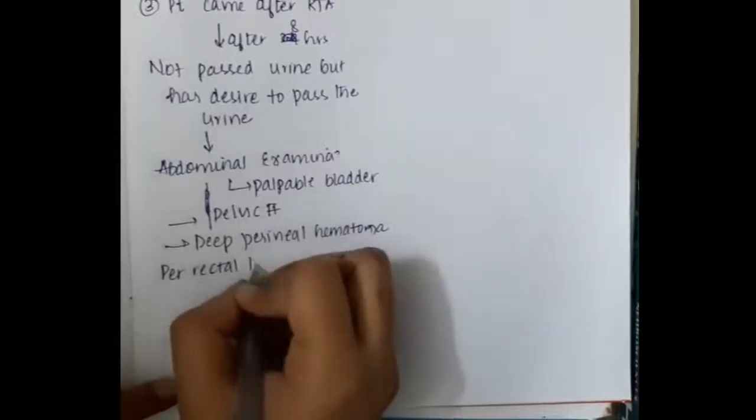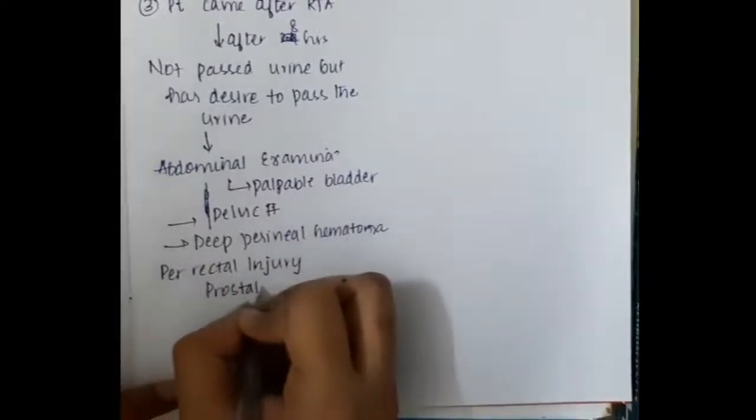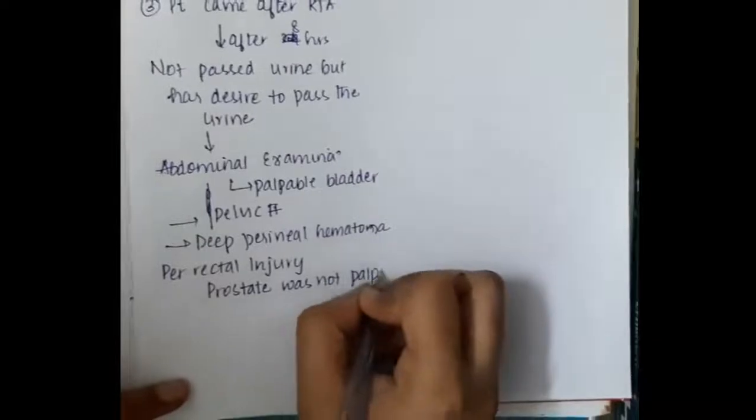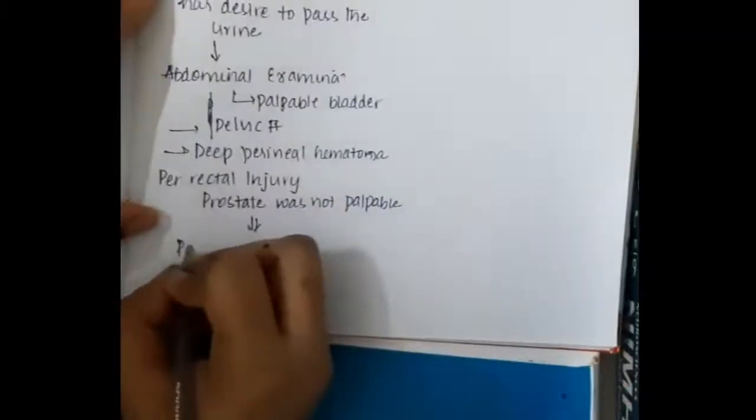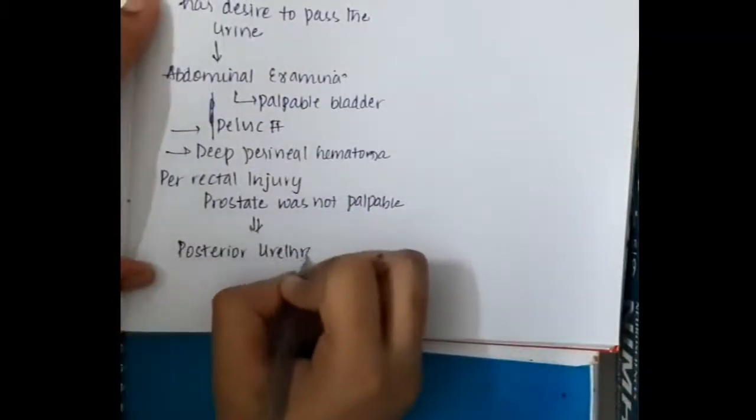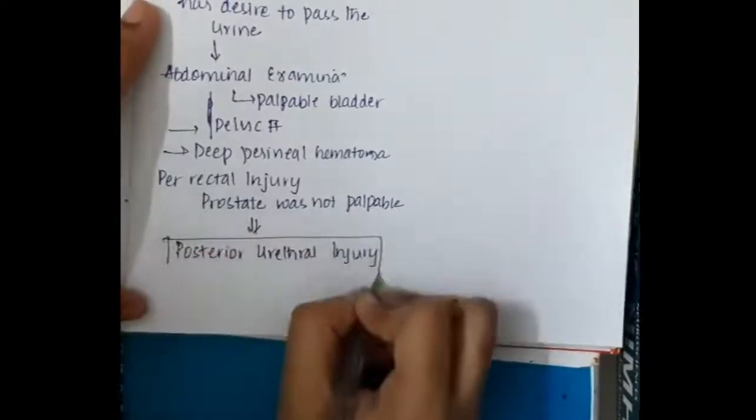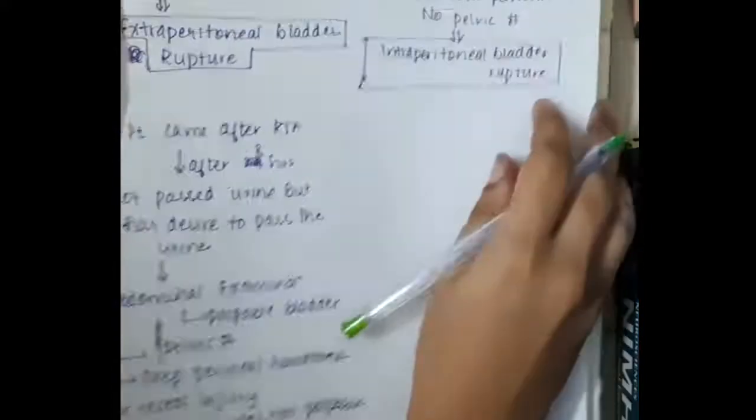Now, if you do a per rectal examination, you will see the prostate is not palpable. So this is posterior urethral injury. The main things here are palpable, that means distended bladder, pelvic fracture, deep perineal hematoma, and one striking feature is prostate not palpable. That means the prostate is riding high. So that is posterior urethral injury.